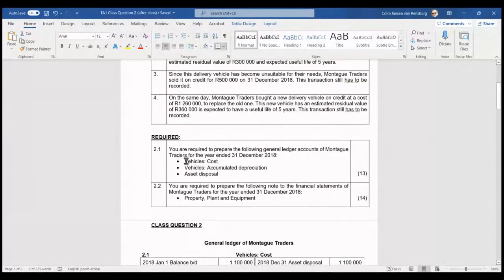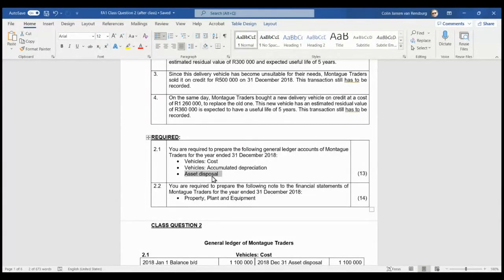Now we know, ladies and gentlemen, that the vehicles cost account does have an opening balance, and that opening balance is a debit. The accumulated depreciation account also has an opening balance, and that opening balance is a credit. The asset disposal account is what they refer to as a temporary or a suspense account. So it only exists for the purpose of that disposal transaction.